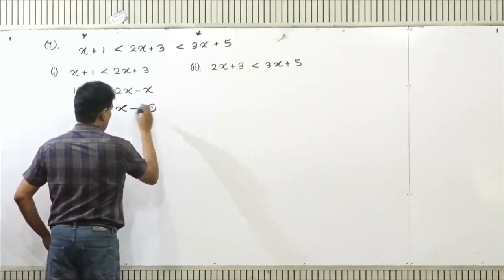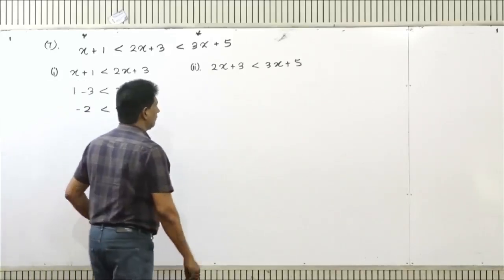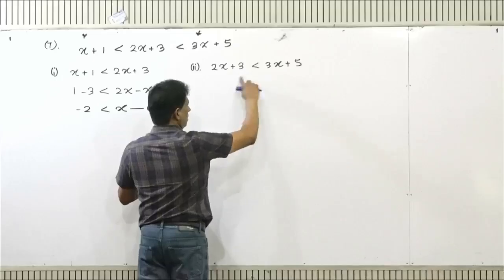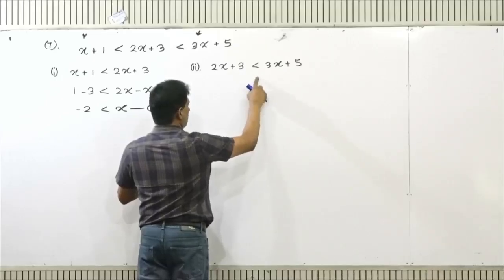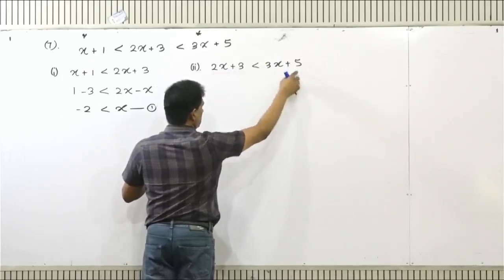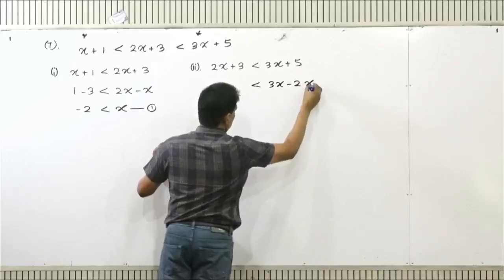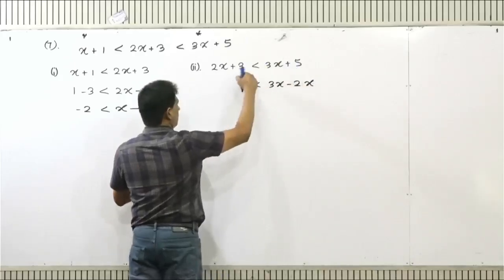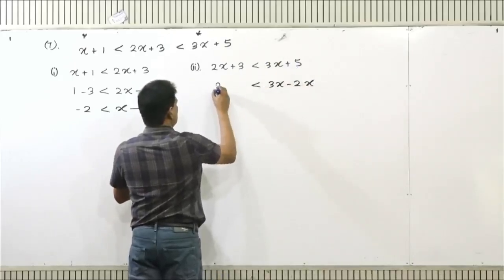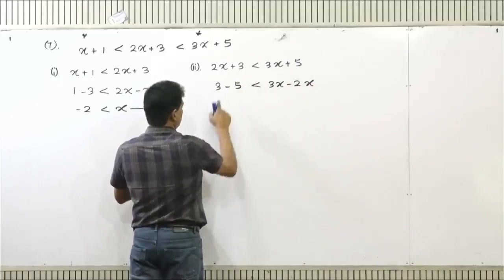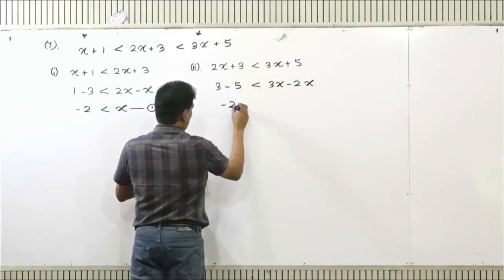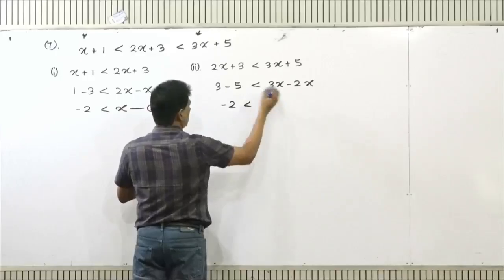I take this solution as 1. Then here also a linear inequality now. To solve this one, we have to isolate x. I take this positive 2x this side. Then 3x minus 2x. This positive 5 I take this side. Then 3 minus 5. 3 minus 5 means minus 2.